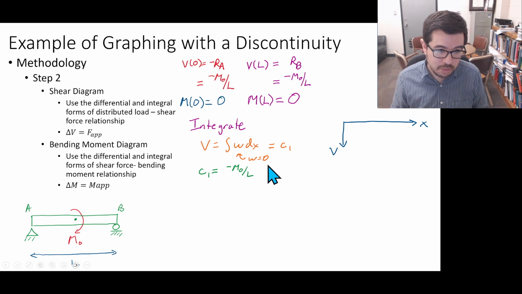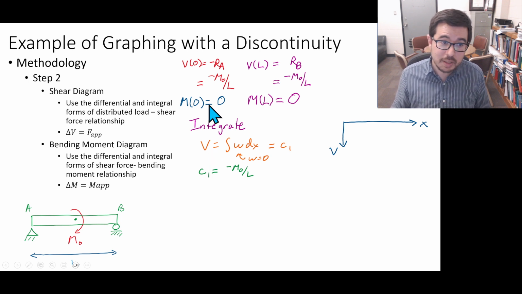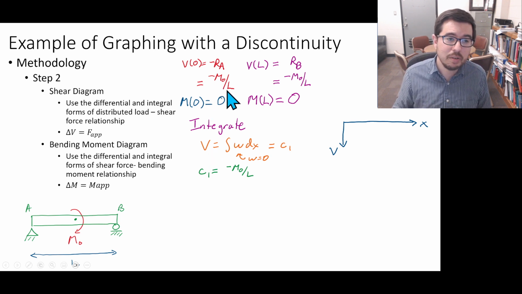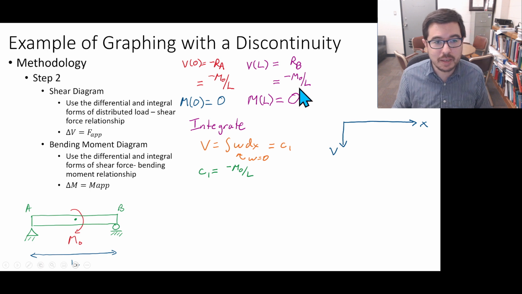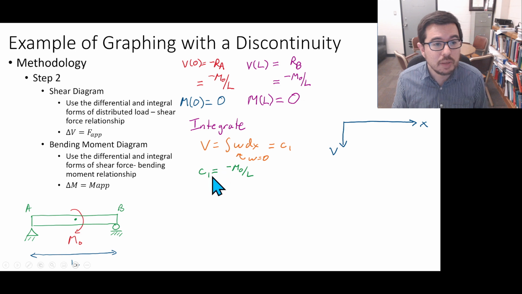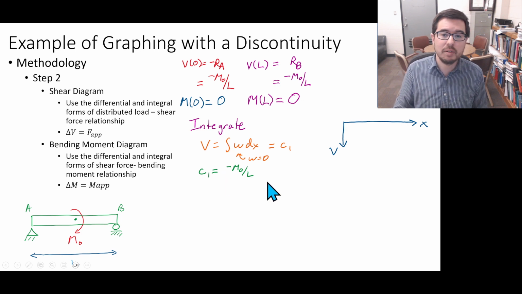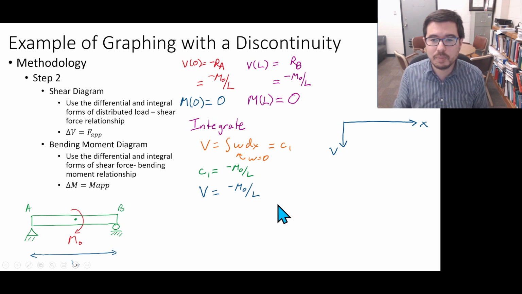So when this is 0, it's equal to some constant. On the left side, it's got to be equal to minus M naught over L. On the right side, it's got to be equal to minus M naught over L. And that's good that they're the same. So we know that C1 is going to be equal to minus M naught over L, and we can just write out that V is equal to minus M naught over L.